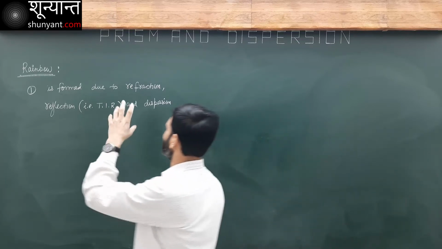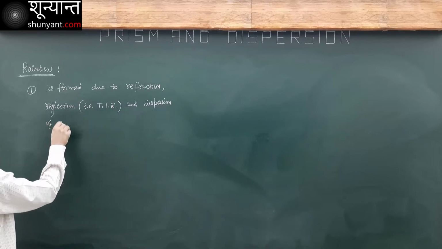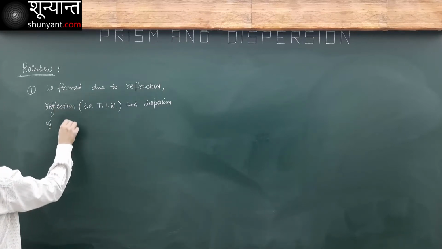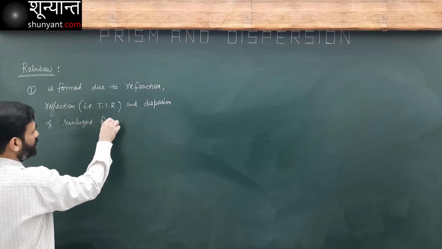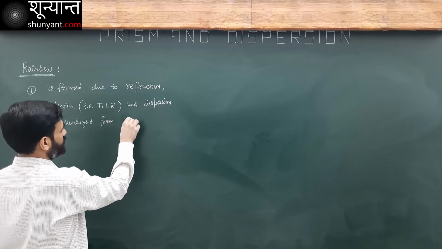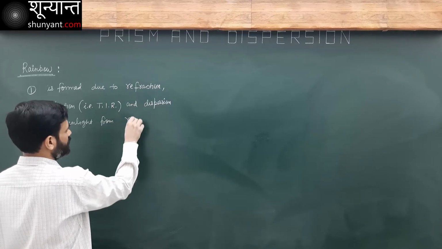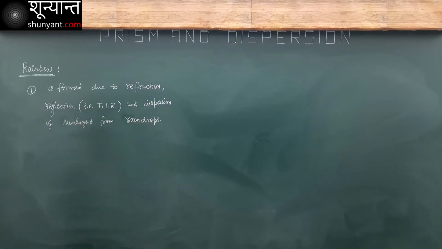So refraction, reflection, and dispersion of sunlight from raindrops, water droplets, or the raindrops, let's say.